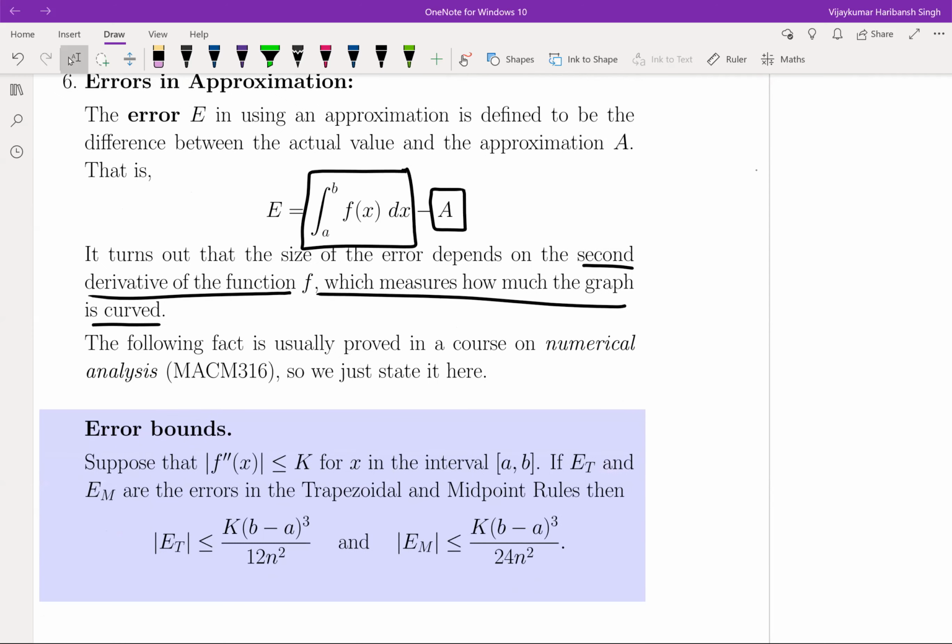So let's discuss the errors in each case. Consider that you are integrating f of x on a to b, and you are approximating it either by the trapezoid rule or the midpoint rule.